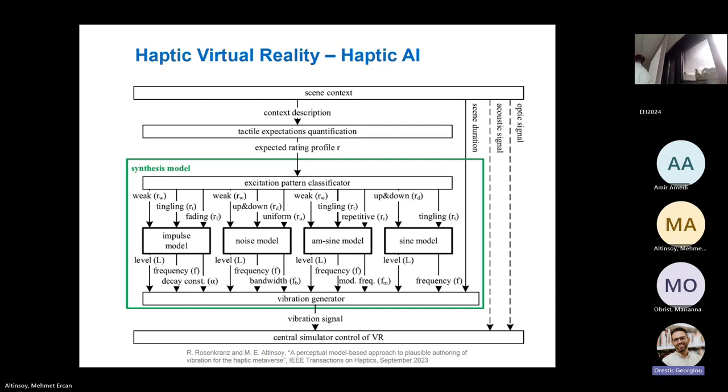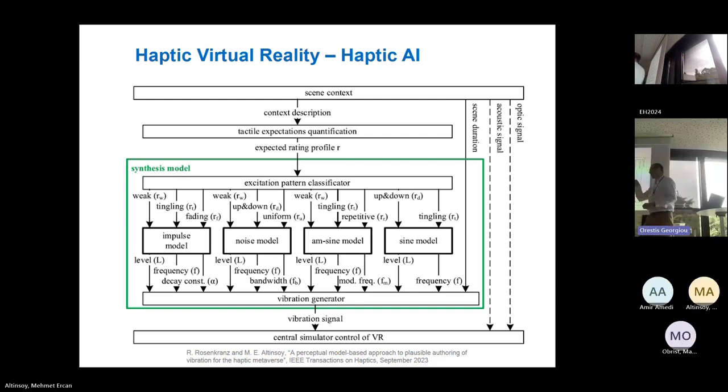And then, once we understand it, we try to reproduce how we can deliver this perception using the signal properties. It means that the AI system at the end delivers the system properties to synthesize the haptic signal. But this should now be realized for individual systems.